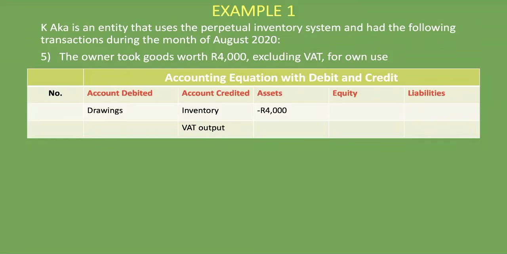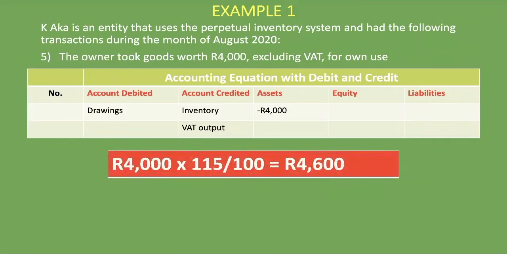Because when the owner takes goods for own use, not only is he taking the goods that we bought for 4,000 rand, but it's including the VAT. Remember, when we paid the supplier, we paid the supplier including the VAT. So we're going to take the 4,000 rand times 115 divided by 100, and we get an amount of 4,600 as the total cost to the company that the owner has taken. I hope it's made sense.